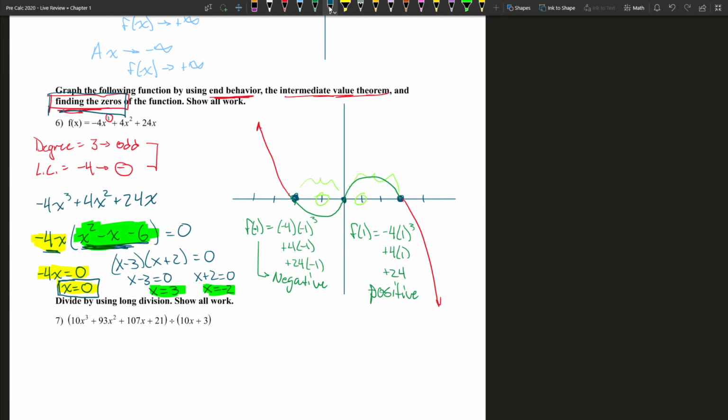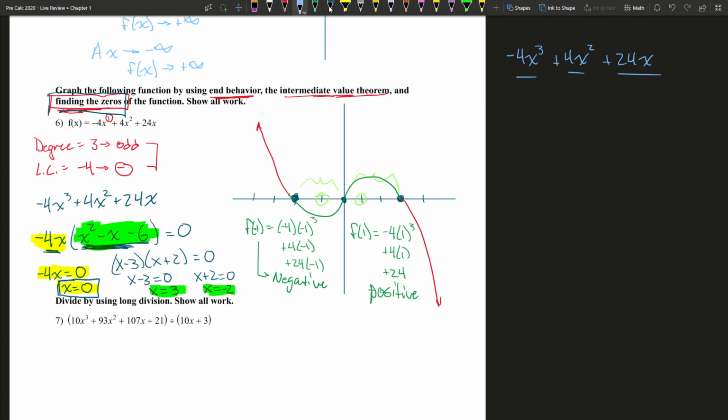So within negative 4x cubed plus 4x squared plus 24x, there's a common factor between all three of those terms, and that common factor is 4x or negative 4x. I like to pull out the negative just because it makes my life easier a little bit later on.